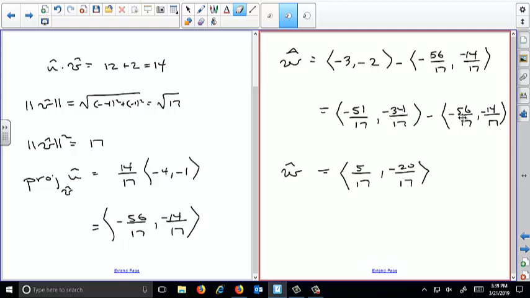And then you can do this operation. So we have -51 minus a minus. So -51 plus 56 is plus 5. So we get 5 over 17, comma. And then we have -34 plus 14. That's -20 over 17. So W is the component of u orthogonal to vector v.